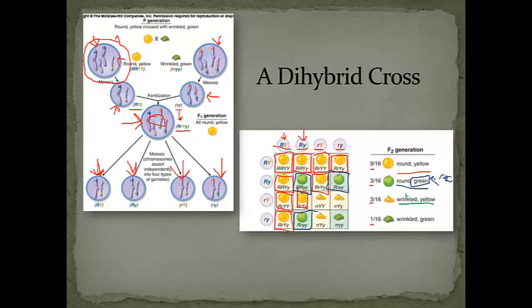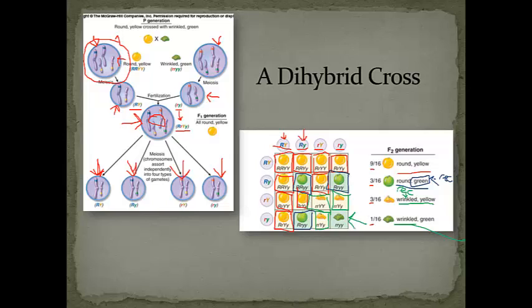This is recessive, so we're going to be homozygous for that. But homozygous dominant for seed color, that's this guy. And then heterozygous for seed color, that's this guy and this guy. And then there's one that's going to be recessive for both, and that's that one right there.